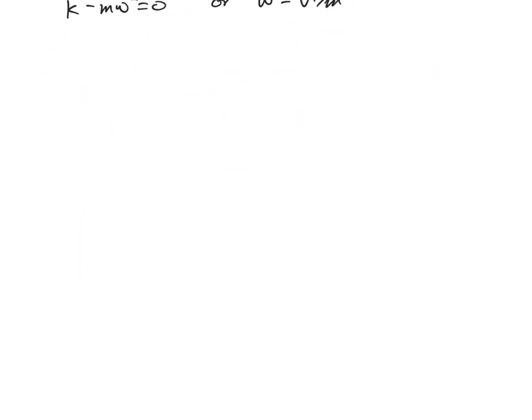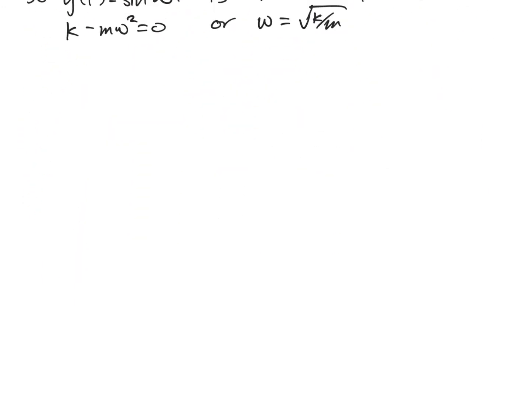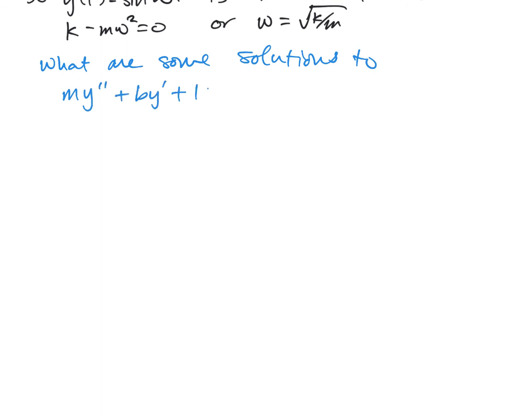So let's think about some solutions to this. We're still going to ignore the external forces. We're going to ignore that for a few sections. So my double prime plus by prime plus ky equals 0.